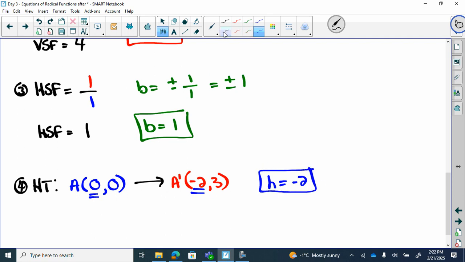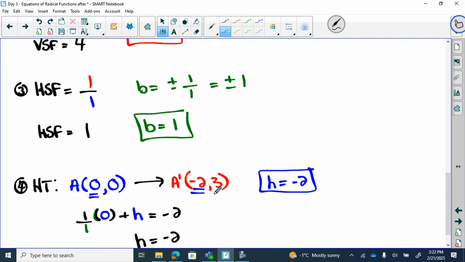Like really, I should go 1 over b times 0, add h, and it would give me -2. 1 over 1 is 1, times 0 is 0, 0 plus h is h.